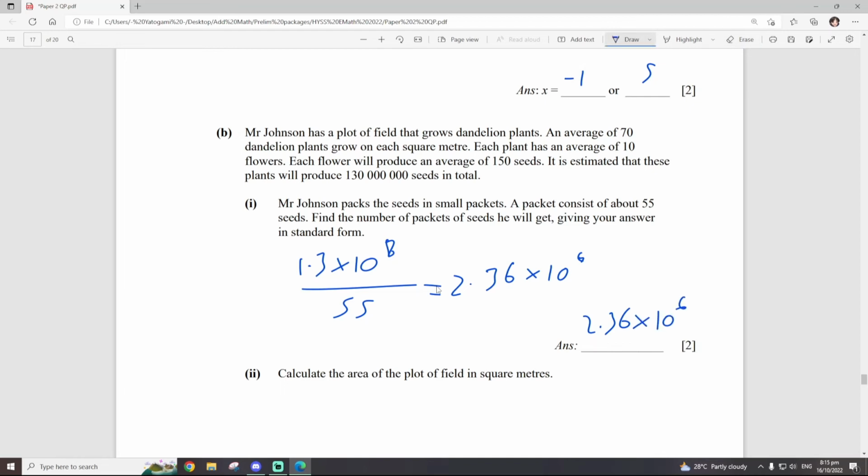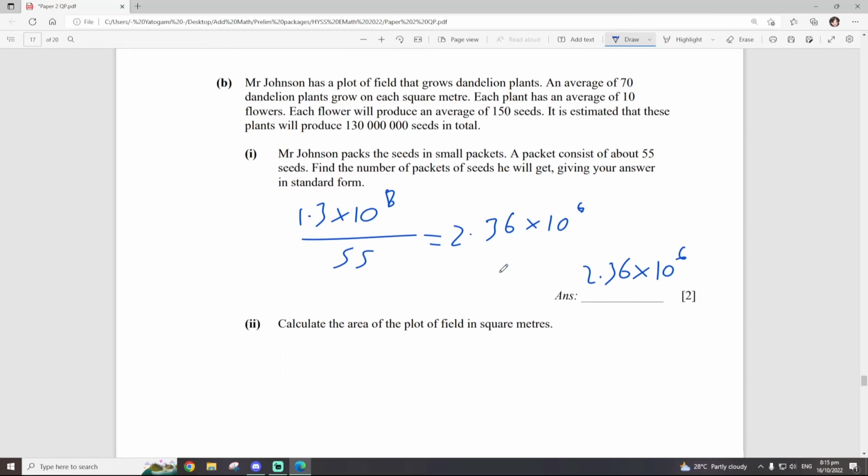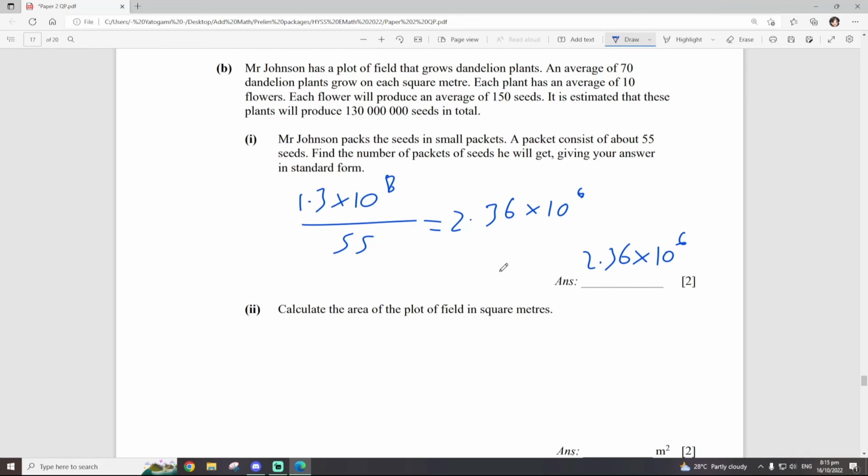Okay, calculate the area of the plot of field. Each plant has an average of 10 flowers. These plants will produce 130 million seeds. So what's actually happening is that you have 130 million seeds being produced from all the flowers.